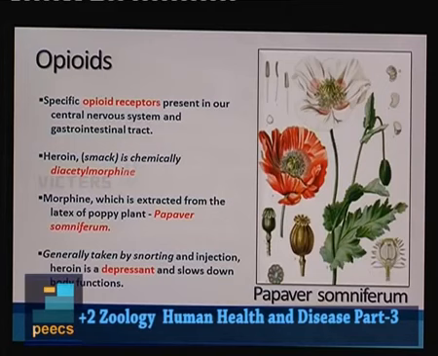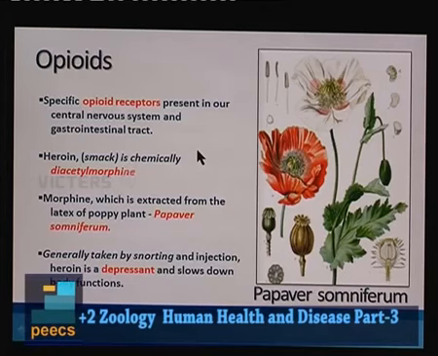Opioids are a specific category of drugs that are derived from the poppy plant or Papaver somniferum. Here you can see the picture of the poppy plant, the different parts of Papaver somniferum shown here, and from the latex we obtain the substance called opium.